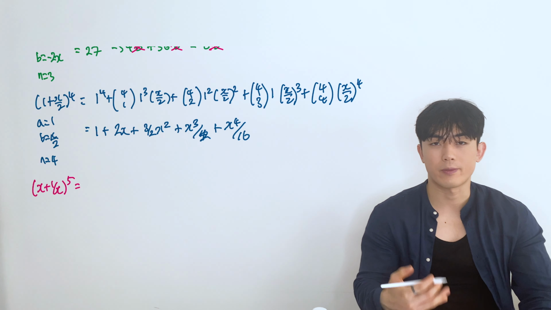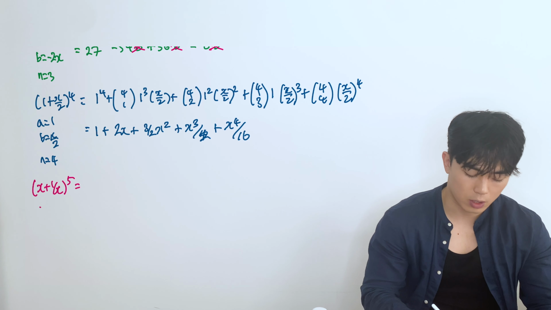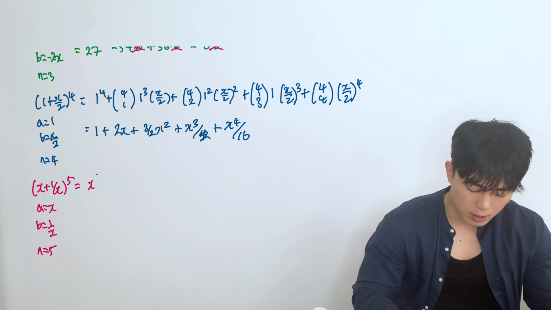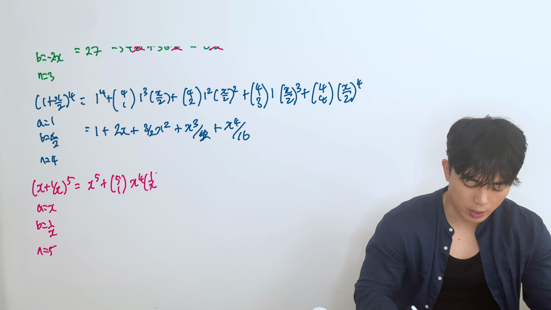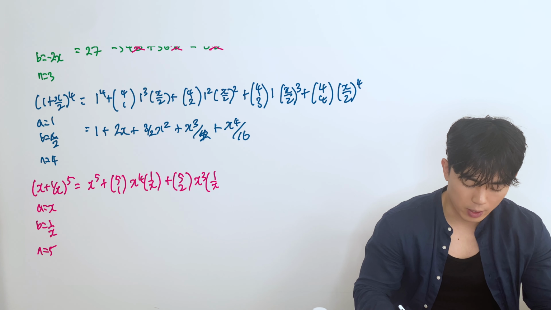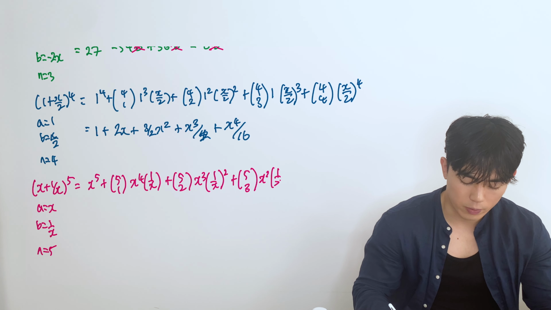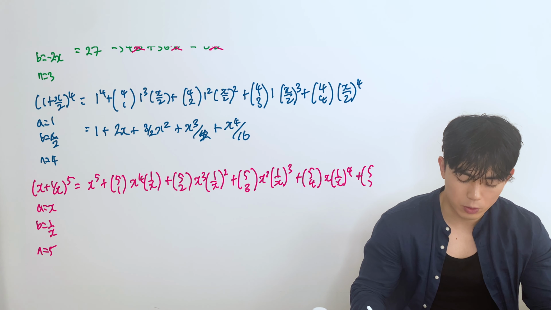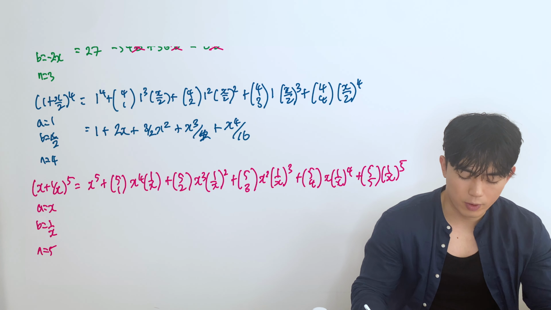Once again, as long as you identify what A, B, and n are, it's the same rule. So A is x in this case, B is 1 over x, and n is 5. The first term is x to the power of 5, plus 5 choose 1, x to the power of 4 times 1 over x, plus 5 choose 2, x to the power of 3 times 1 over x squared, plus 5 choose 3, x squared times 1 over x cubed, plus 5 choose 4, x times 1 over x to the power of 4, and the last term would be 5 choose 5, 1 over x to the power of 5.